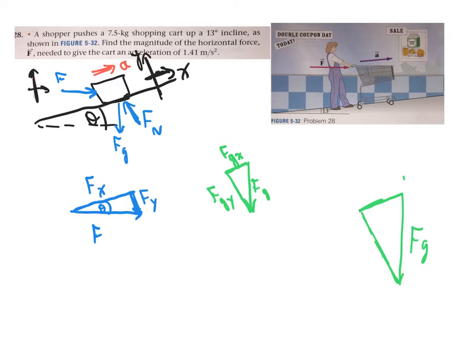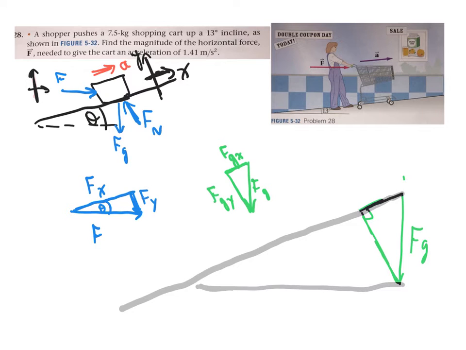Trim that out a little nicely. And remember that, of course, this is a right angle. And now I'm going to sort of superpose the incline itself, making it as long as I need. And I'm going to remember that this angle here was theta. But if that angle is theta, then this angle is 90 degrees minus theta, because of this right angle.